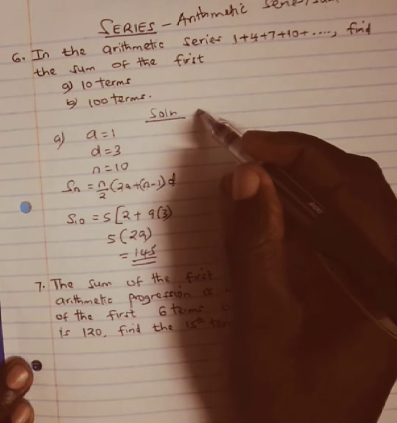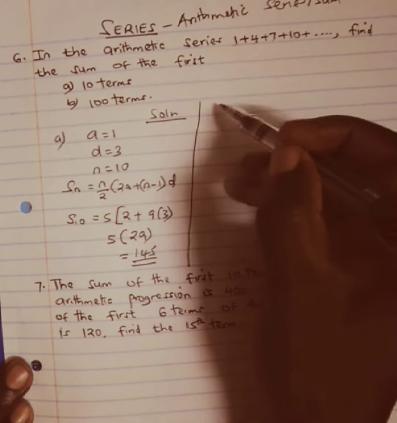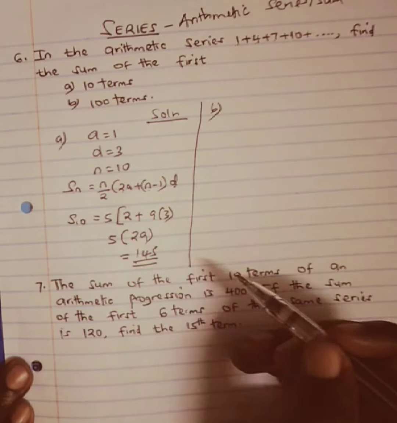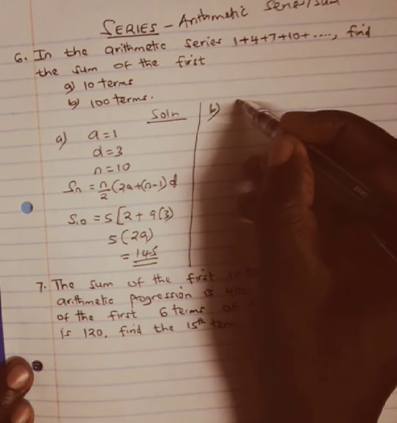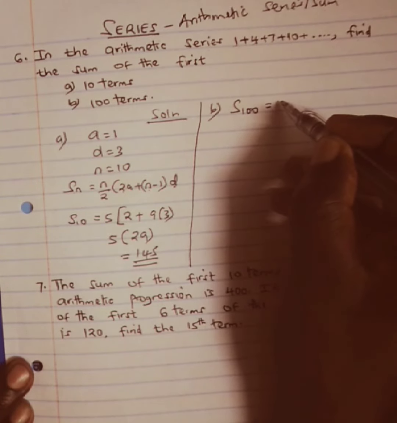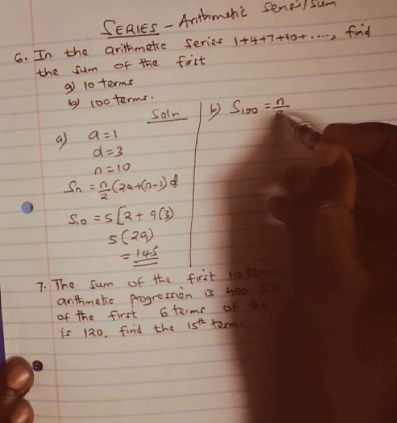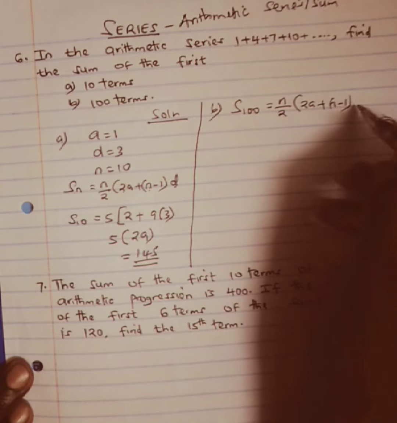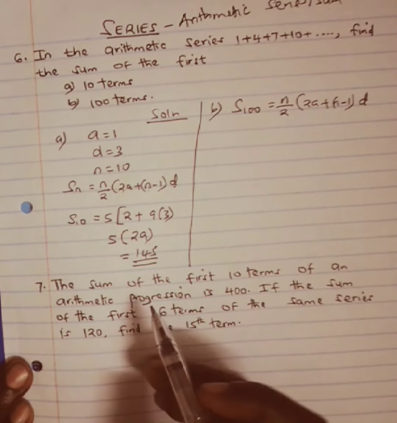Next, we look at the sum of the first 100 terms, that is part B. Part B, we need the sum of 100 terms, and we know the sum is going to be given by n divided by 2 into 2a plus n minus 1 into the common difference.